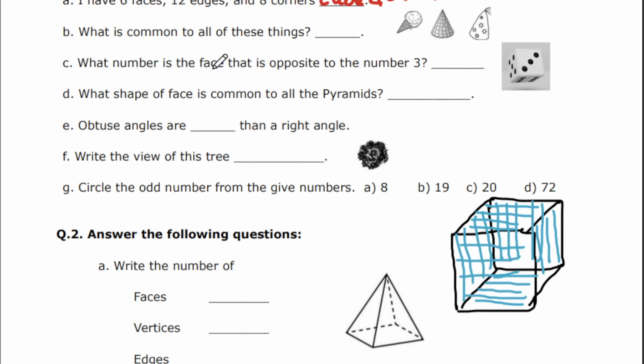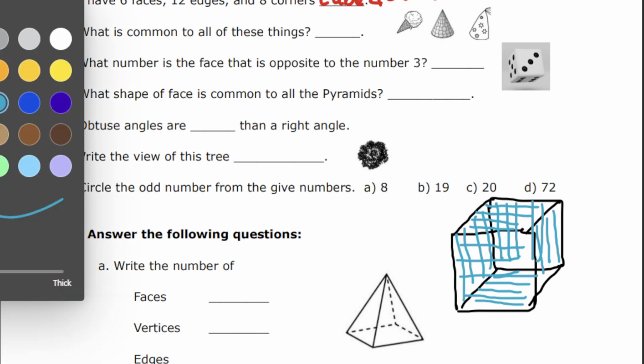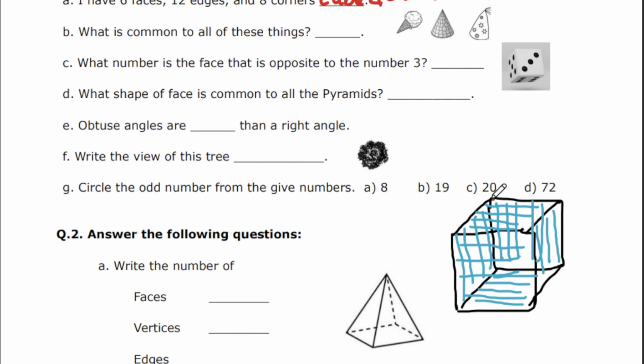So 6 faces. Next we have corners. Corners we have 1, 2, 3, 4, 5, 6, 7, and 8 corners. Next we have edges.